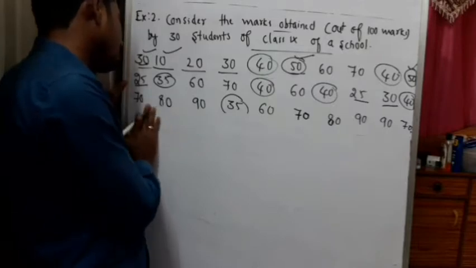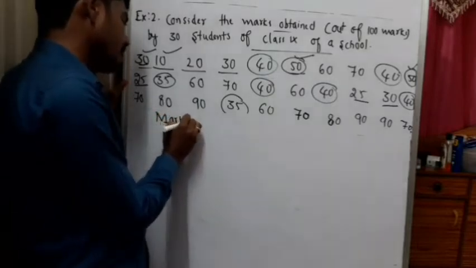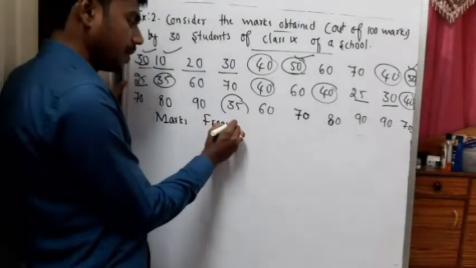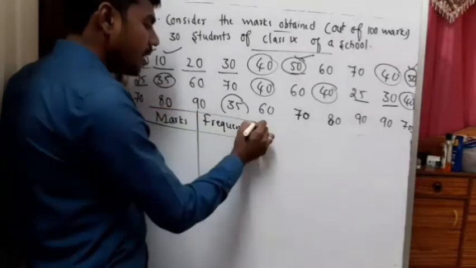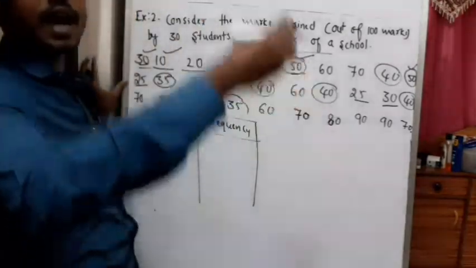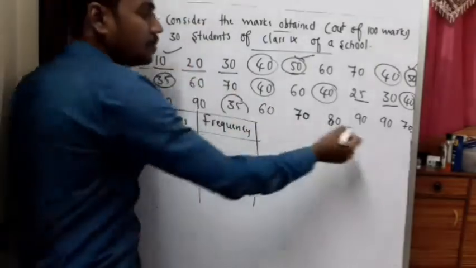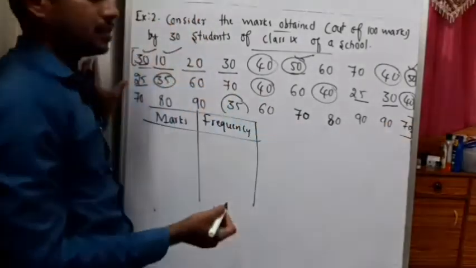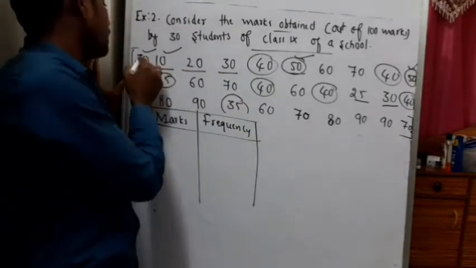Already you have studied it in the 7th or 8th standard. This is marks and this is frequency. What do you mean by frequency? The occurrence of a data: how many times the observation has occurred. 30 is an observation.